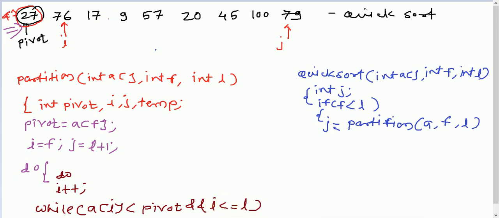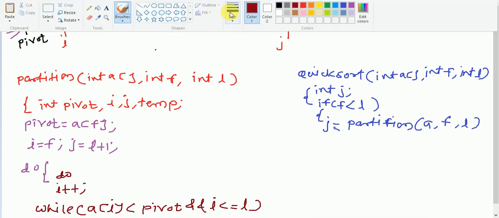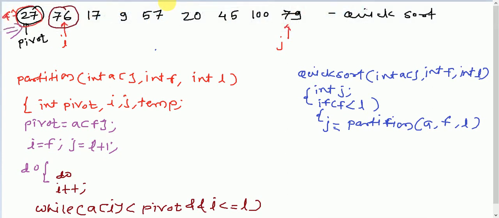Say A of I plus plus, I was pointing to first, I plus plus, I'll go to 76. This is my A of I. Now this A of I here is basically 76, which is greater than the pivot. So I will stop at this value.